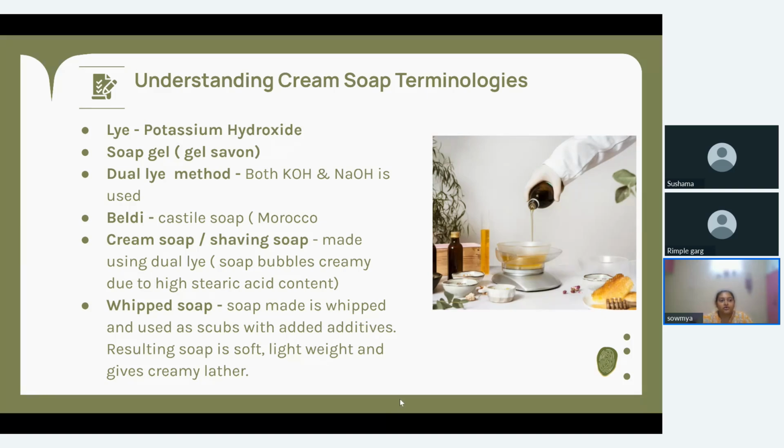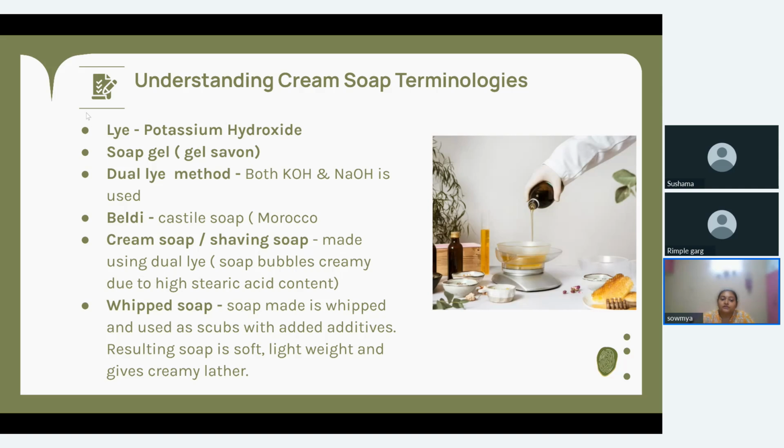Theirs is more or less a semi paste form, and it will not be looking very beautiful and smooth. The texture of that African black soap also will be very rustic looking.